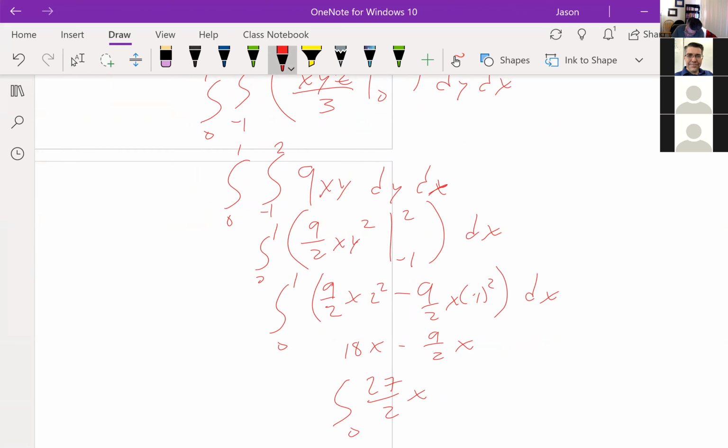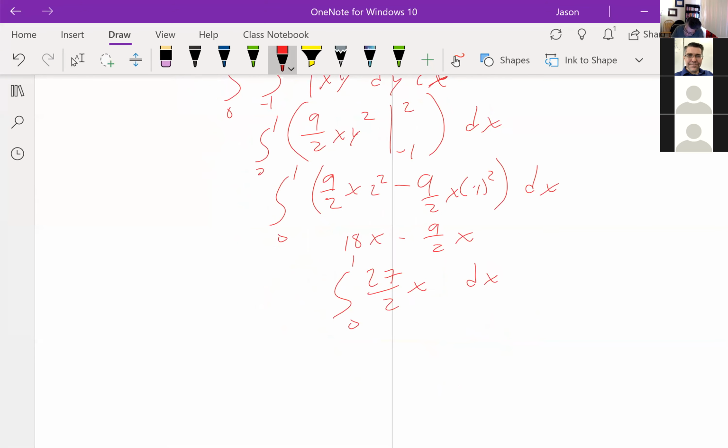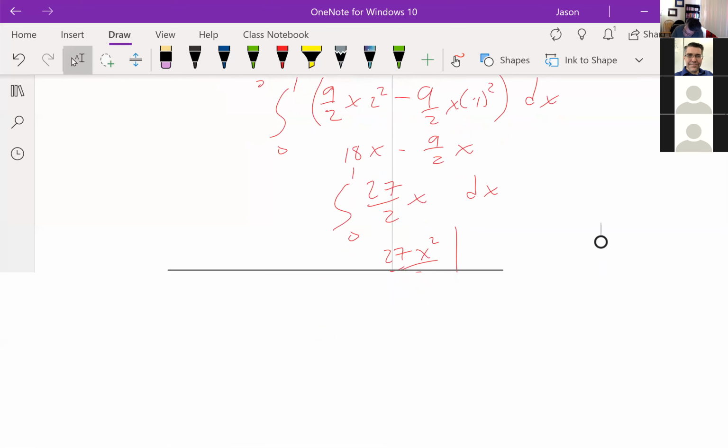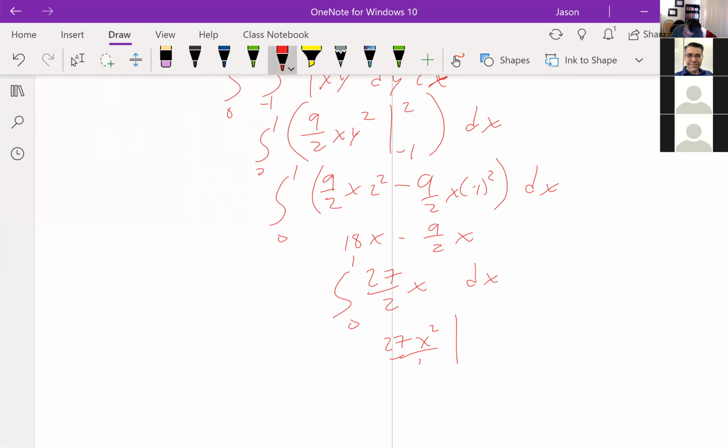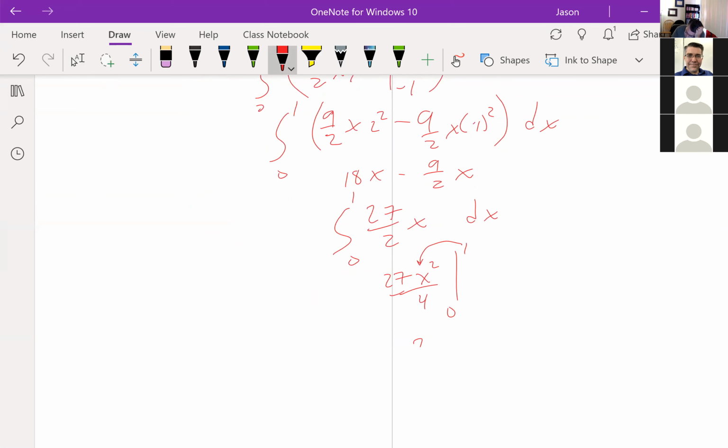And I want to integrate that now from 0 to 1 dx. This would be 27 fourths, sorry, because this is x squared over 4 from 0 to 1. So plug in the 1, and I get 27 fourths.